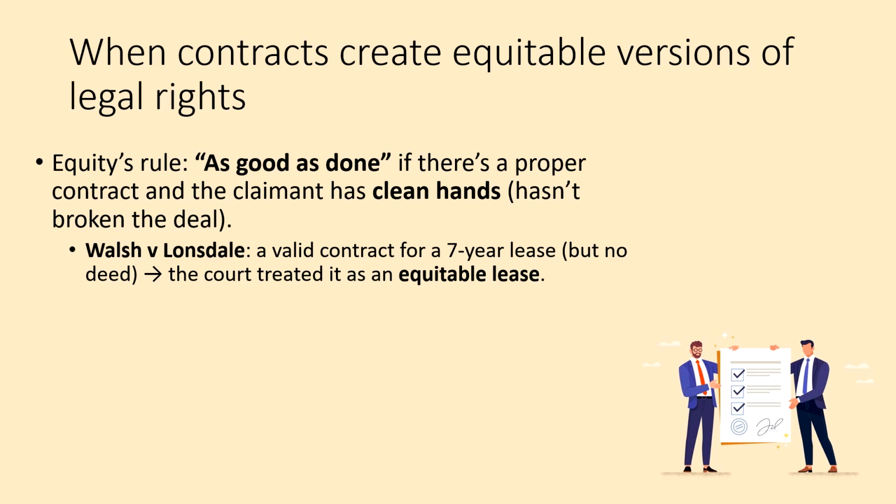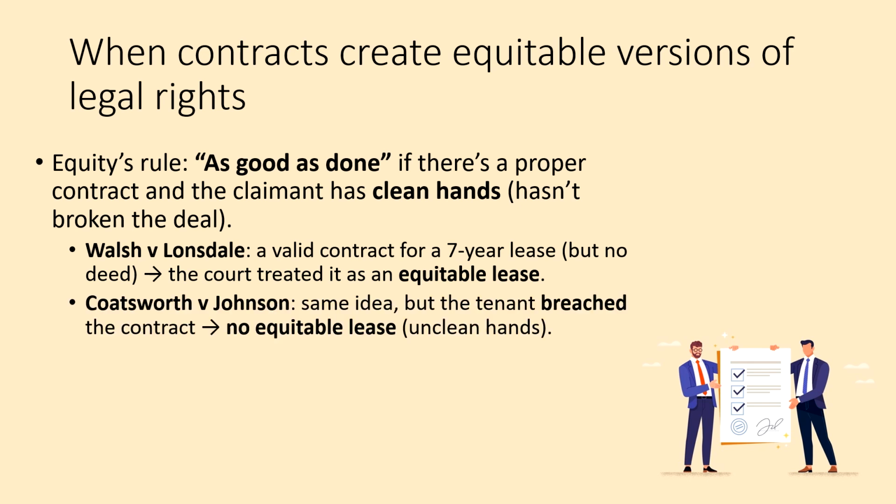But then there was an issue with the deed. There was no completed deed. But the courts said, okay, that's not the claimant's fault, so we will protect his lease as an equitable lease, because we think that's only fair in those circumstances. Okay, so really important case law here.